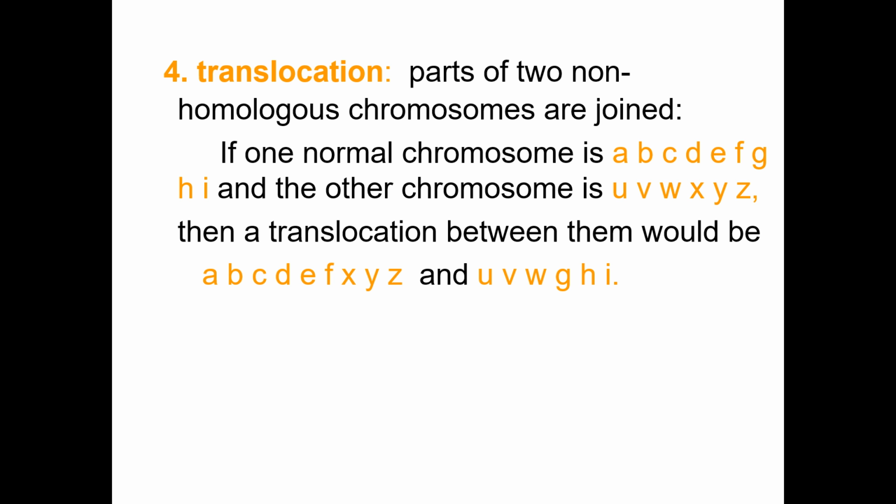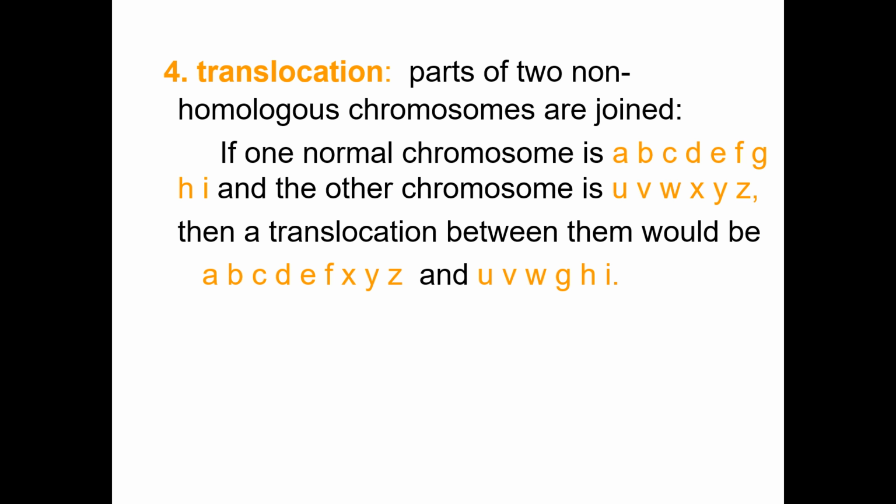Even in translocation, sometimes parts of two non-homologous chromosomes are joined. If there are two normal chromosomes, one chromosome ABCDFGHI and another chromosome UVWXYZ, these are the arrangements of genes on these two chromosomes.